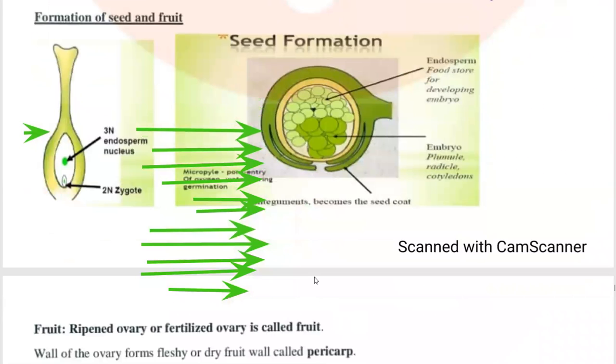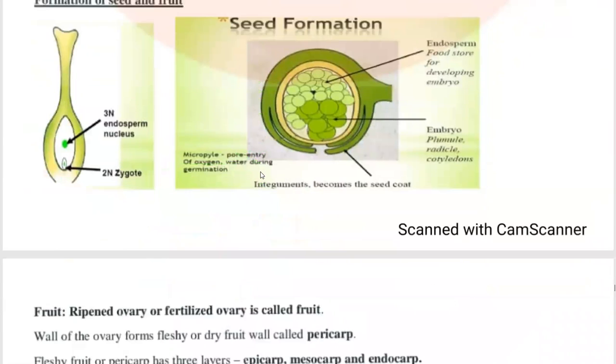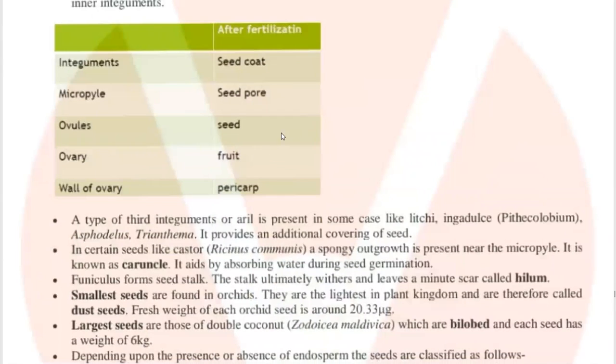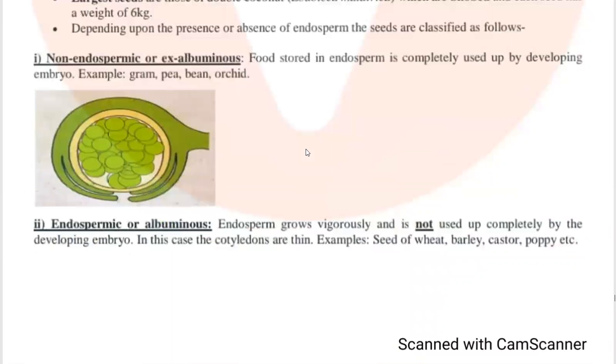Formation of seed and fruit is shown. Fruit is also known as ripened ovary or fertilized ovary. These are some structures similar to post-fertilization.